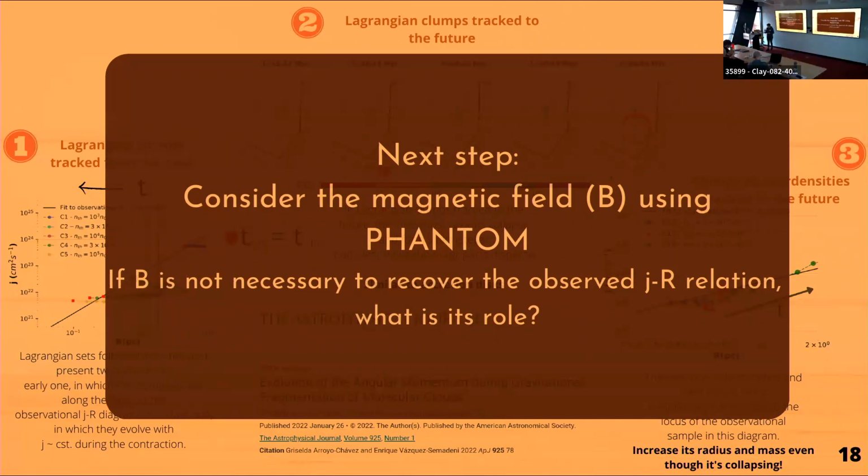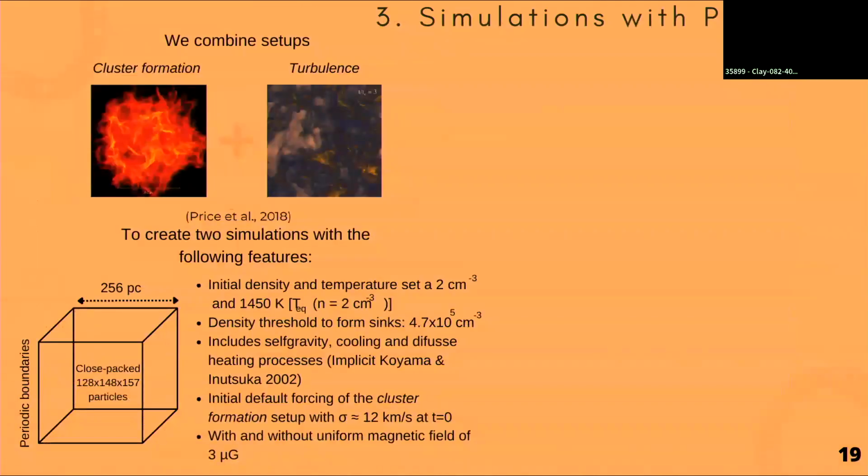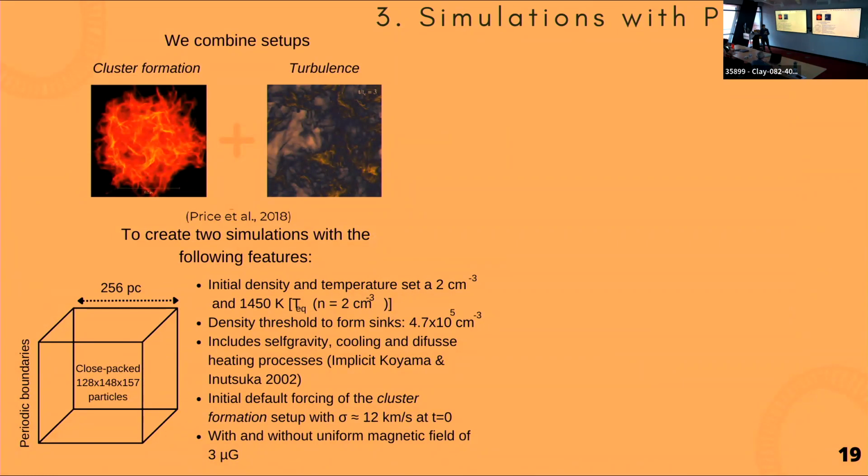So in Phantom, I tried, because I'm not very good at Fortran, to combine the cluster and the turbulent setups to create two simulations with features very similar to what we have in Gadget: 256 parsecs per side, periodic boundaries, and a closed pack arrangement.